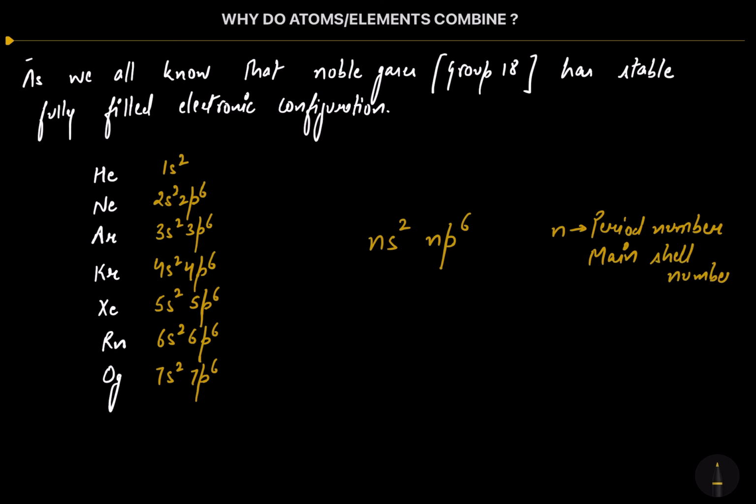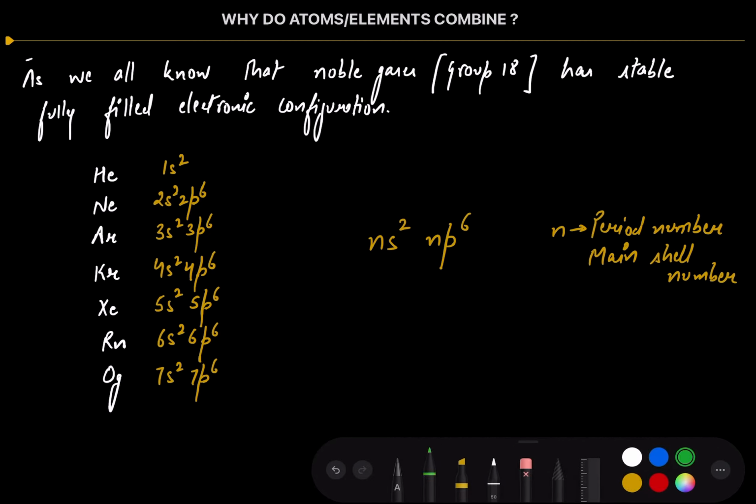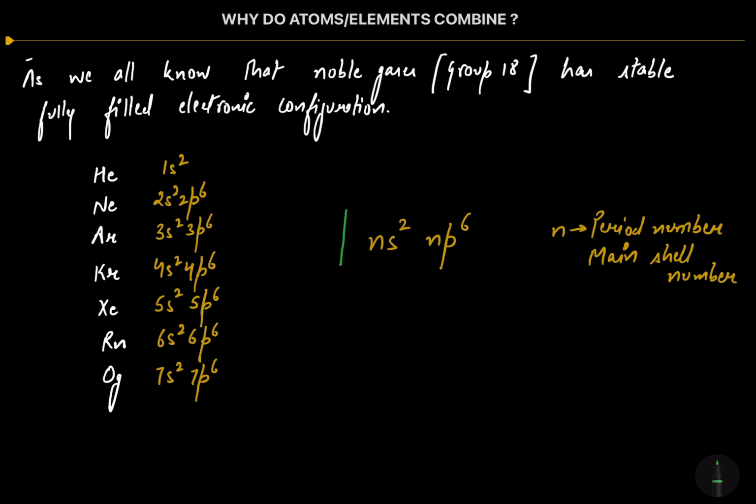So in the whole periodic table, the elements of group 18, that is the noble gases, have a stable, fully filled electronic configuration. That means the noble gases have a total of 8 electrons, that is 6 plus 2, in their outermost shell.